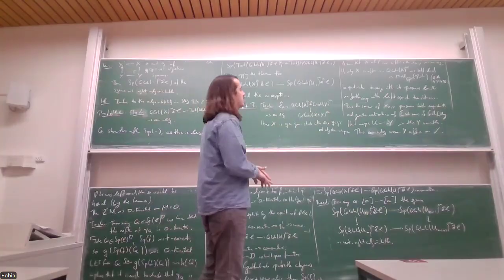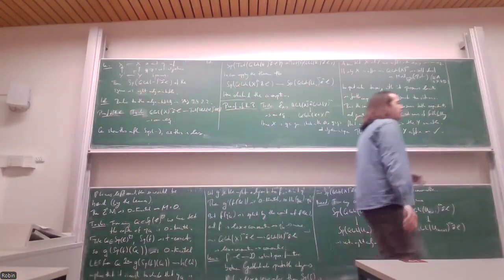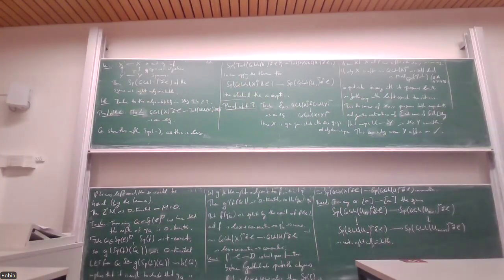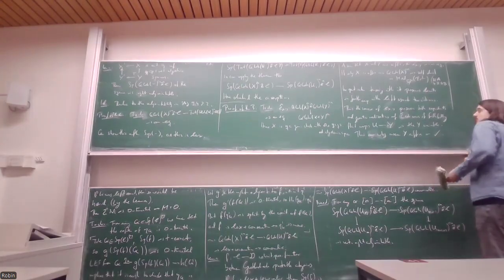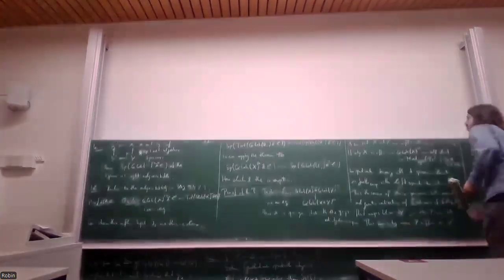So this was the part of the proof for X affine, and now let's do the general thing. So far we haven't used descent yet.